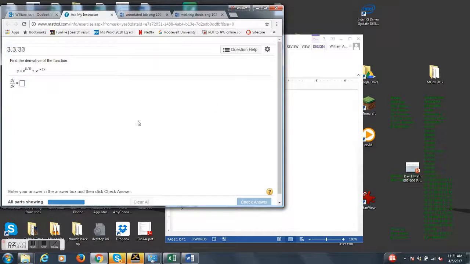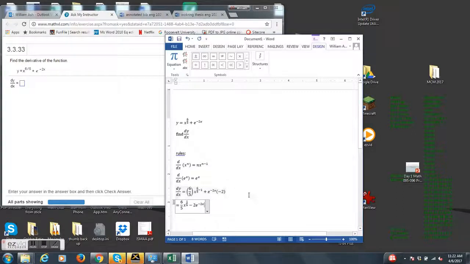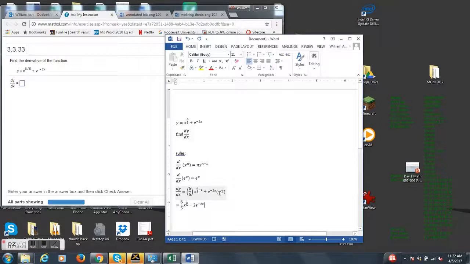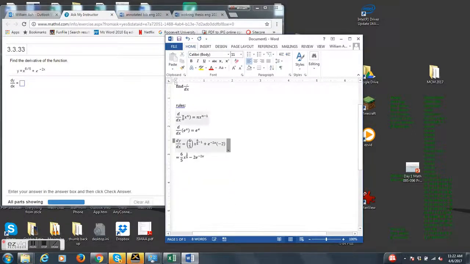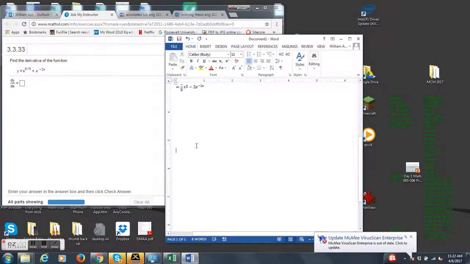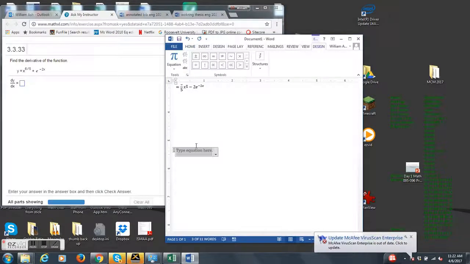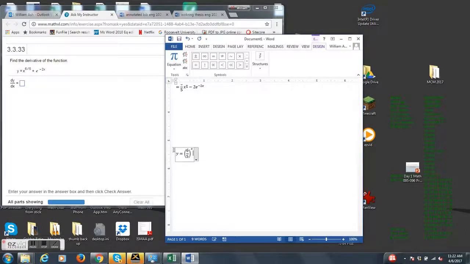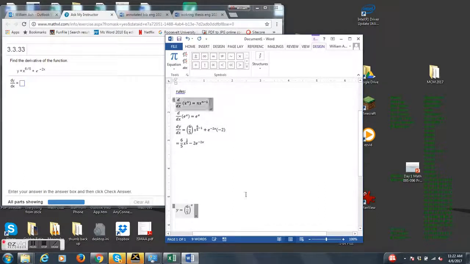I guess the only thing I do want to note is that this is x to the 6/5. That is actually different from y equals, for example, 6/5 to the x. That's actually not the same situation, so I wouldn't use this rule. The x is up here in the exponent. Well, that's the thing we have just been doing.